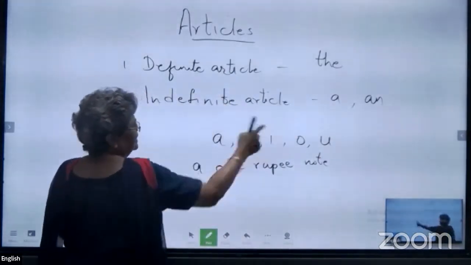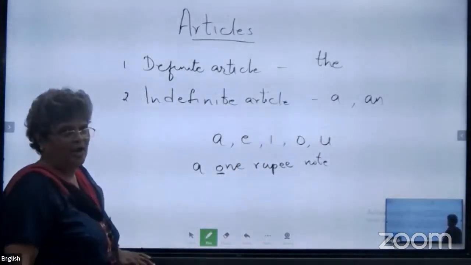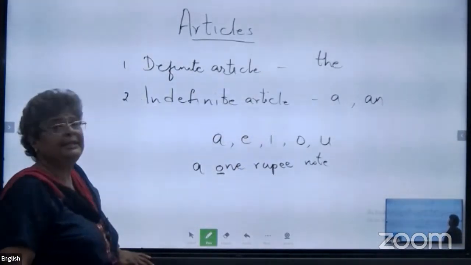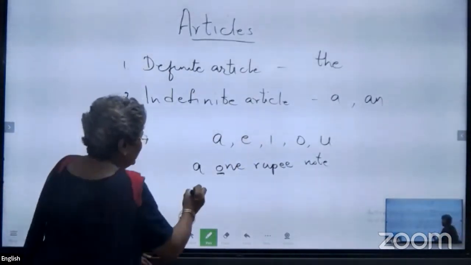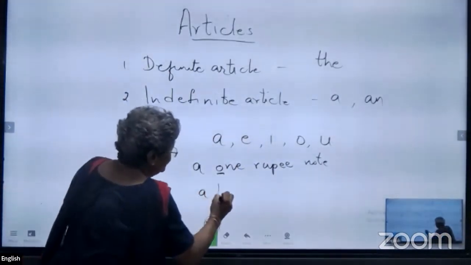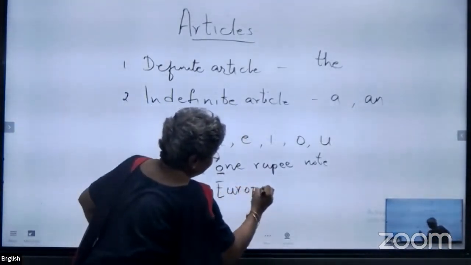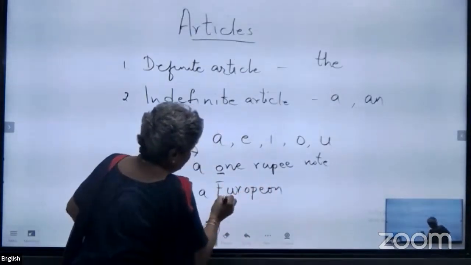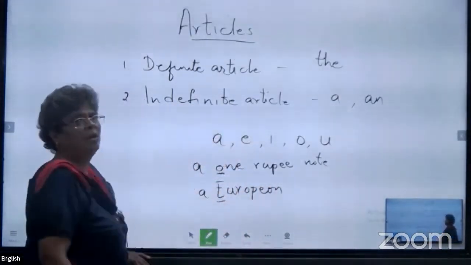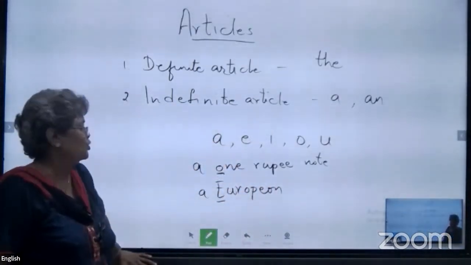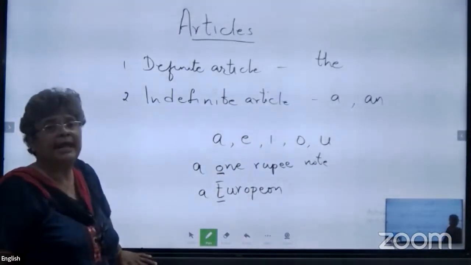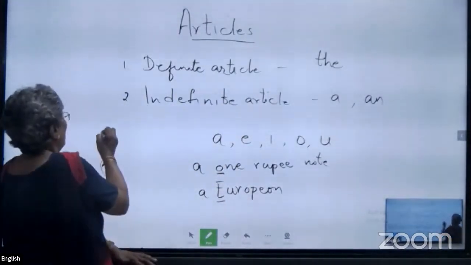O is a vowel, yet you write a, not an. Likewise, a European. E is also a vowel, but you use the word a, not an.